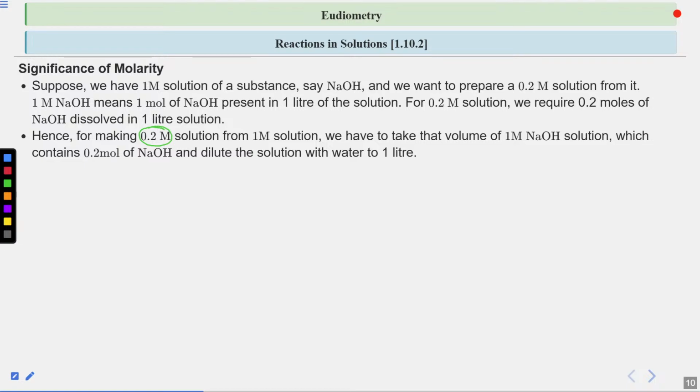Okay, clear? So for making 0.2 from 1, what will we do? We will take 1 molar NaOH, and from that we will take that part of the solution whose number of moles is 0.2.